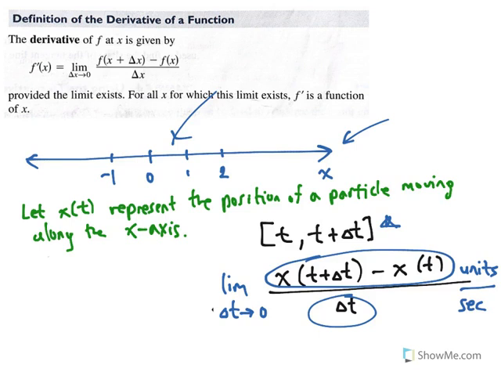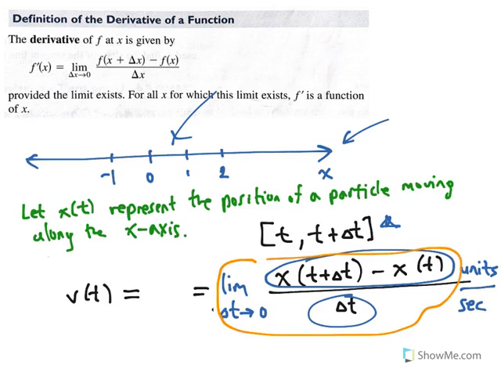So this was our velocity function, v of t. And if you take a look at this, we have the limit of a difference quotient as delta t approaches 0, and it fits the definition of the derivative of a function that we learned in Calculus AB. So that is why the velocity is the derivative of the position function x of t.